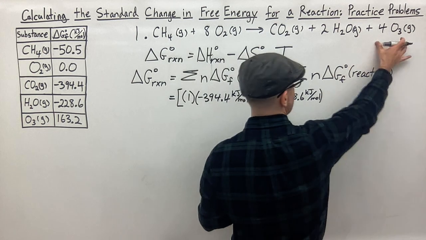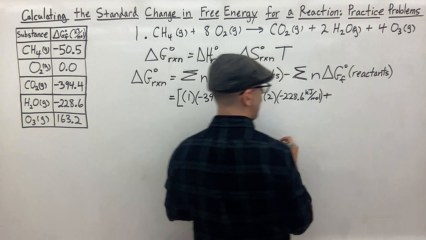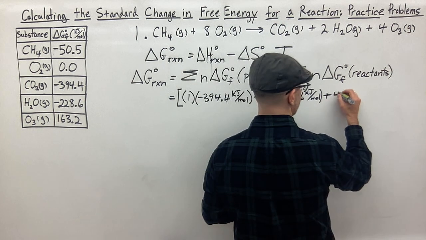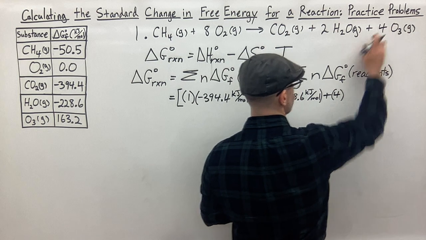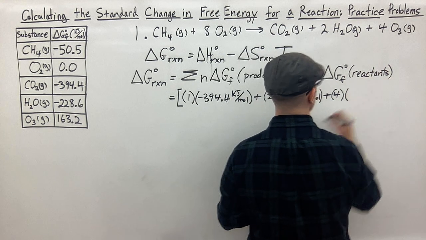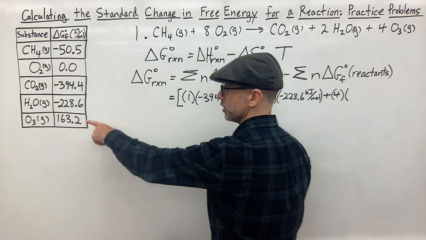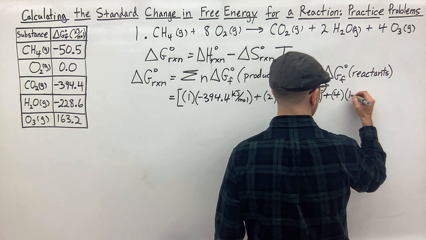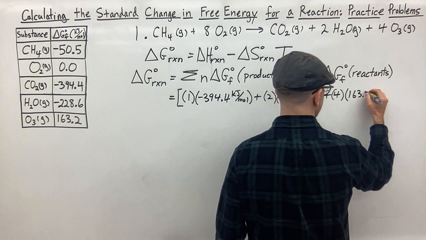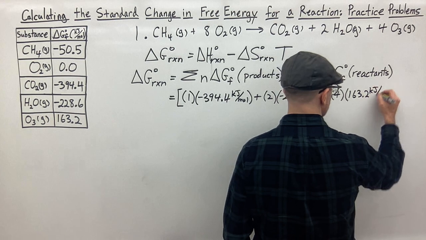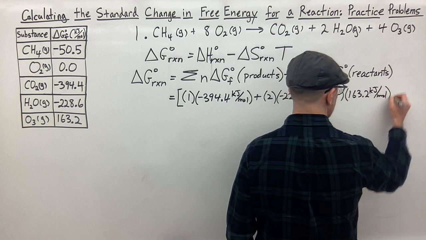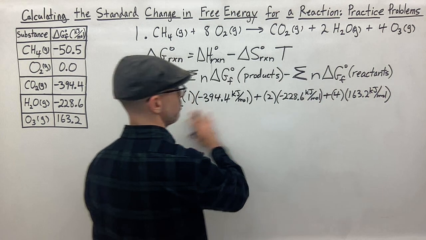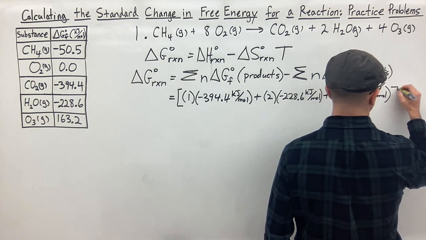And then finally, I have ozone. So I'm going to add to that, and I have 4 moles of that multiplied by the standard free energy of ozone. So 163.2 kilojoules per mole. And so this is my products.